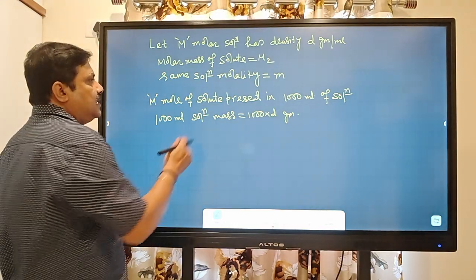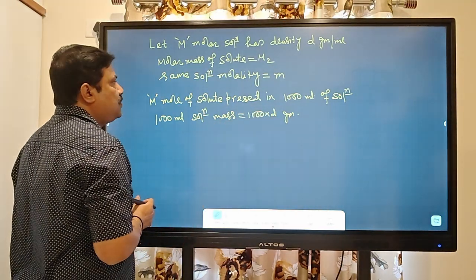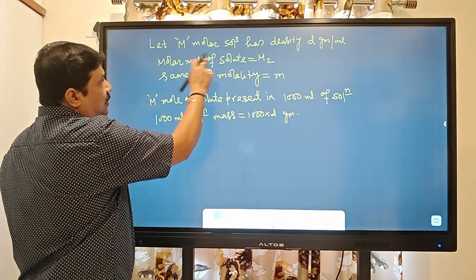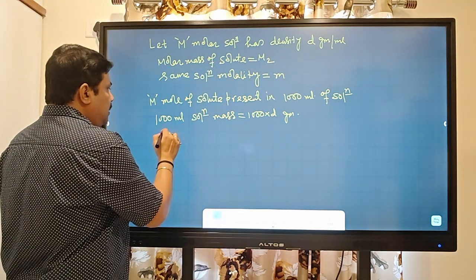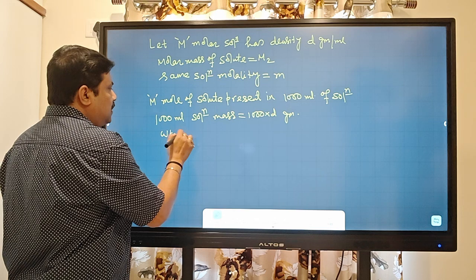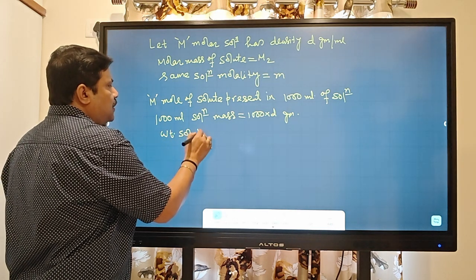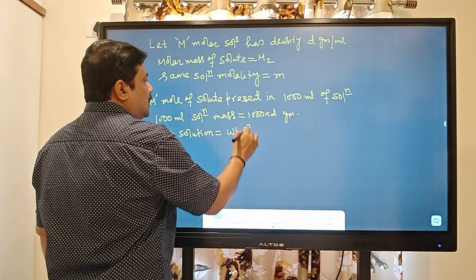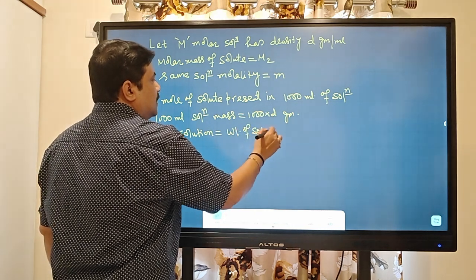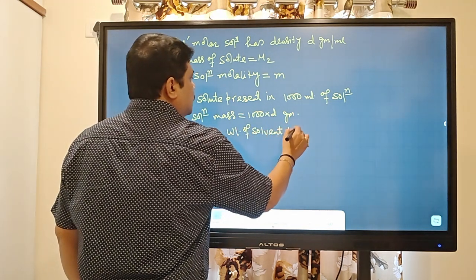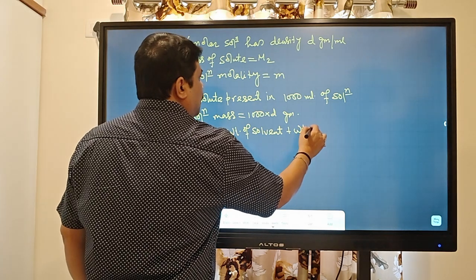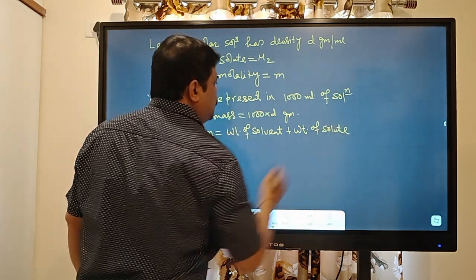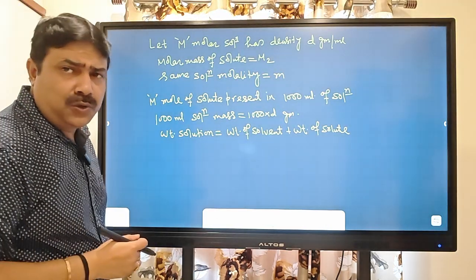Now here we got the solution mass. Then M mole of solute is present and molar mass of solute is M2. Then weight of solution will be equal to weight of solvent plus weight of solute. Yes or no? Because a solution is composed of two components, solute plus solvent.